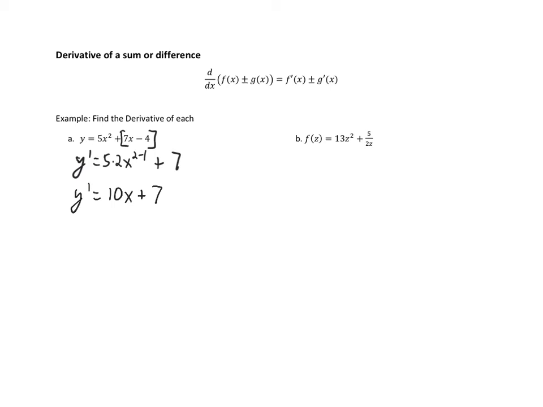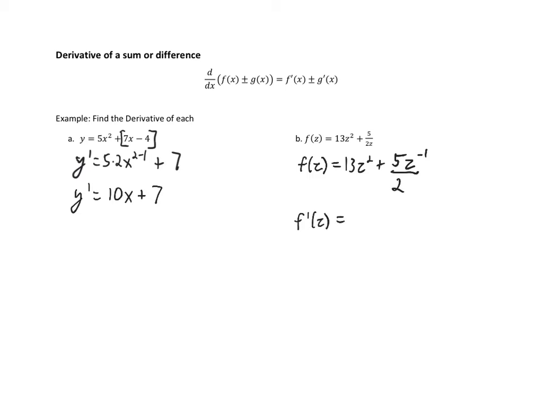Over here, we've got a little bit of an issue in that we've got this fraction for part B. So I'm going to rewrite this before I take the derivative. I'm going to say this is f of z equals 13z squared plus 5z to the negative 1 over 2. And now we can go through and do each one of these derivatives term by term.